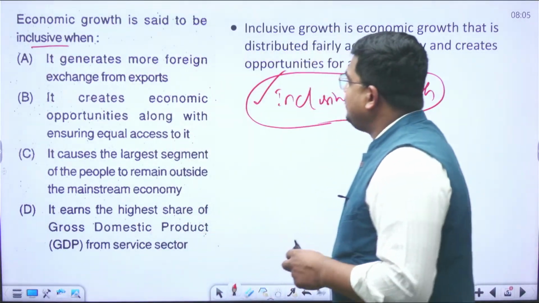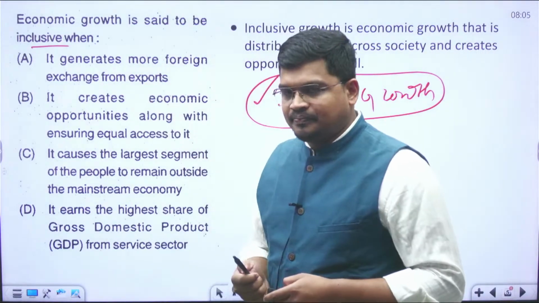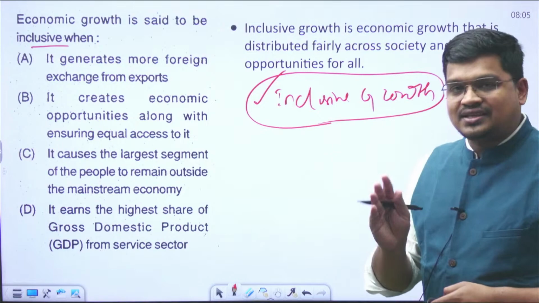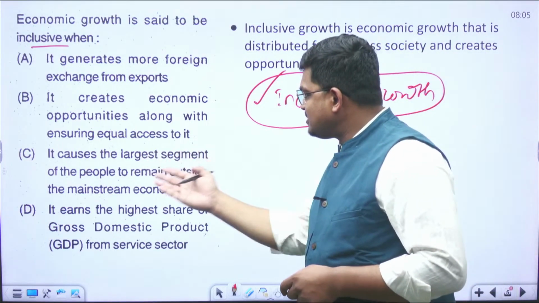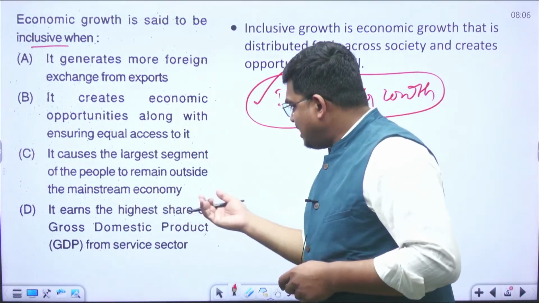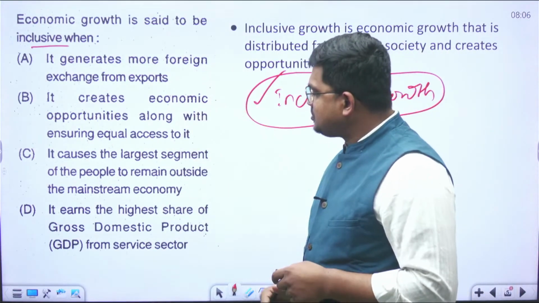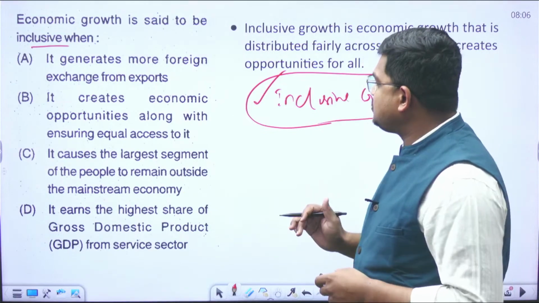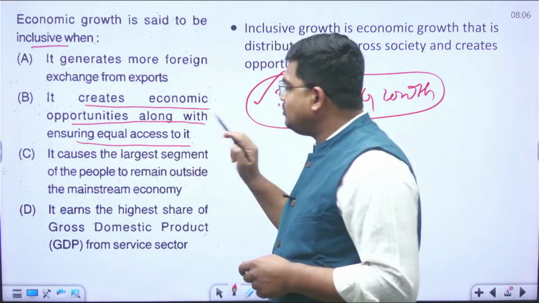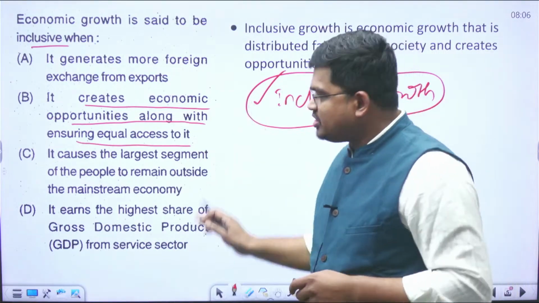Economic growth is said to be inclusive when it generates more foreign exchange from exports, it creates economic opportunities along with ensuring equal access to it, it causes a larger segment of the people to remain outside the mainstream economy, it earns the highest share of GDP from the service sector. If you see all the options, you will find the option that it creates economic opportunities along with ensuring equal access. It is the most appropriate option for this question.